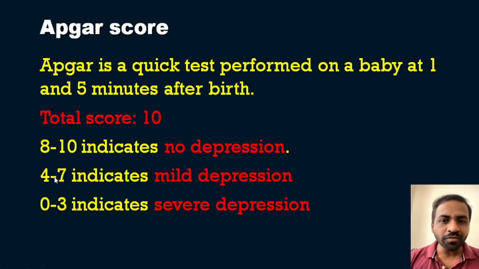If it is between 4 and 7, it indicates mild depression, and 0 through 3 indicates severe depression. I am not going in depth on how to test it. So for Apgar scoring, the maximum score is 10, and these are the ranges to monitor. I think that question is also very clear for you.